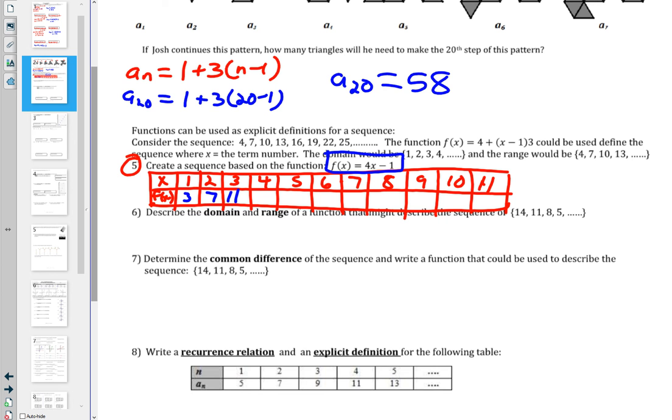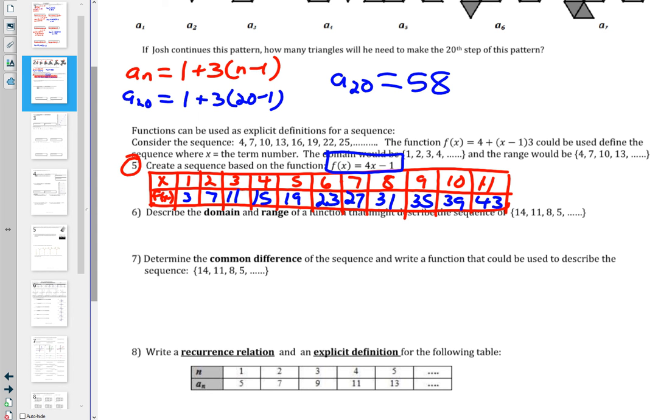The slope, yeah. So what's the common difference? It's the slope. And if you want to keep on plugging in, you can, or you can just keep on going up by 4.